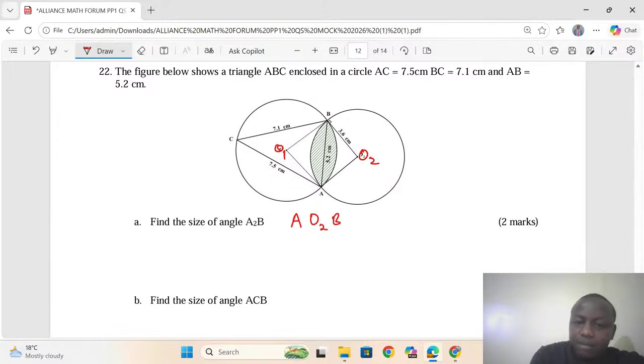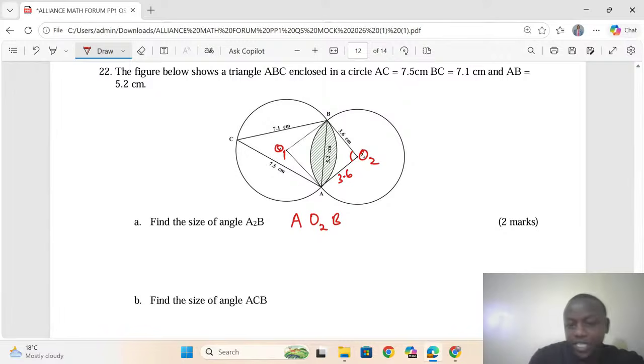Now that from this circumference we have 3.6, and from this one we also, it's a radius, so it's supposed to be the same. We can now find the angle at the center. Actually, we can use cosine rule. Just to show that we know mathematics, you can apply cosine rule.